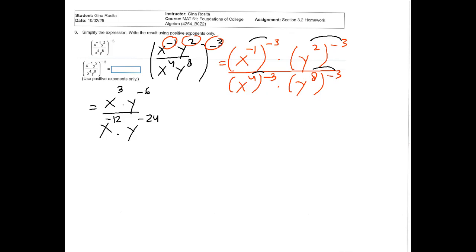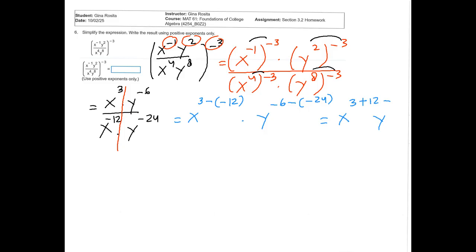So now the answer becomes, use the quotient rule. So x cubed minus, use the parenthesis, negative 12. Follow this, y to the negative 6 minus negative 24. So this becomes x to the 3, negative times negative is positive 12, and y to the negative 6, negative times negative becomes positive 24.